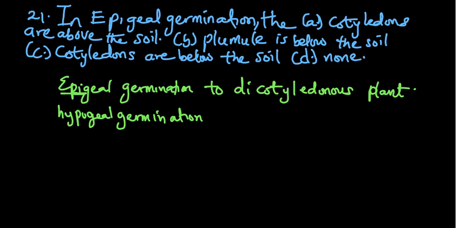D, none. So the answer here is what? Cotyledons are above the soil. I told you earlier that epi means what? Above. So when we talk about cotyledon, they are the main thing we are talking about, not plumule. So cotyledons are above the soil. So our answer here is what? Option A. So let's move to the next question.